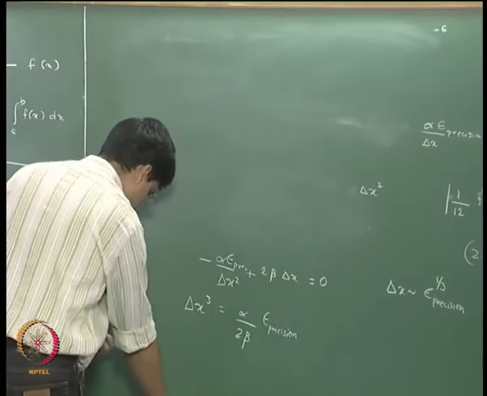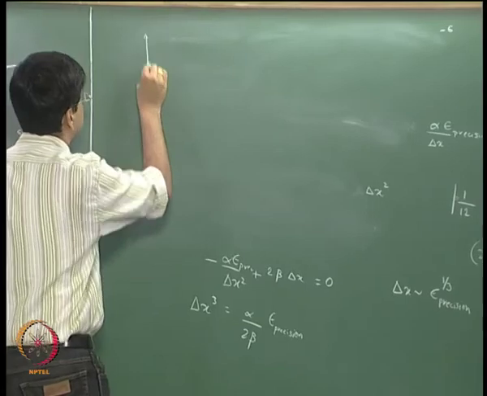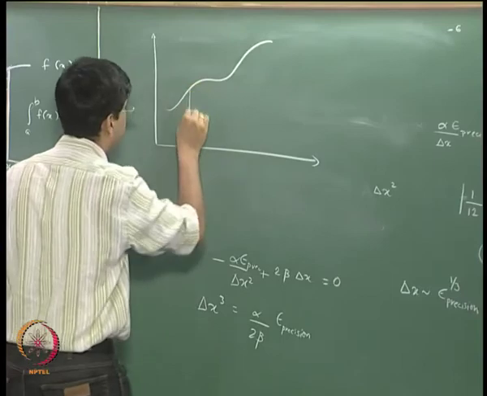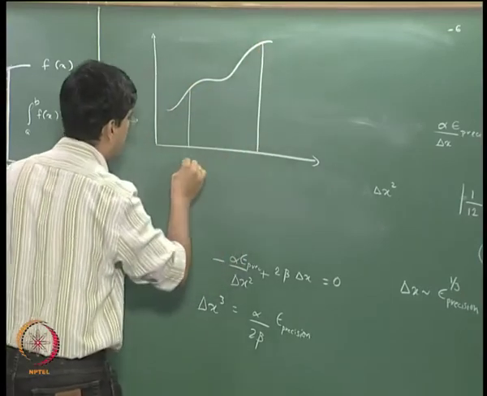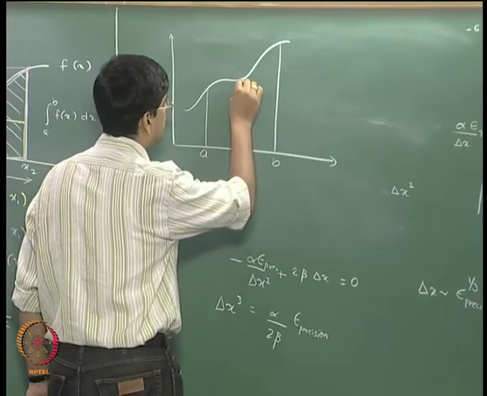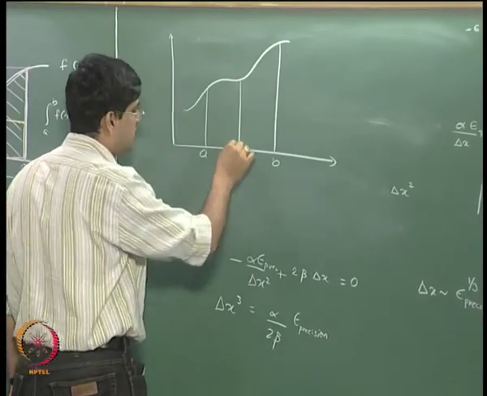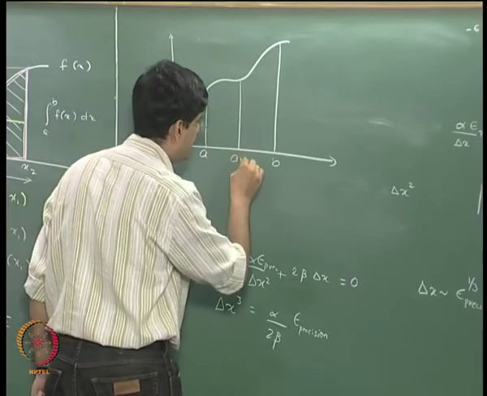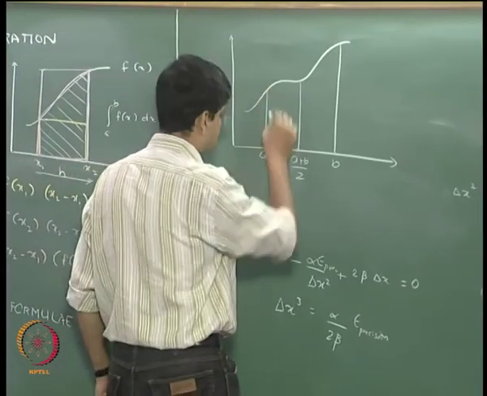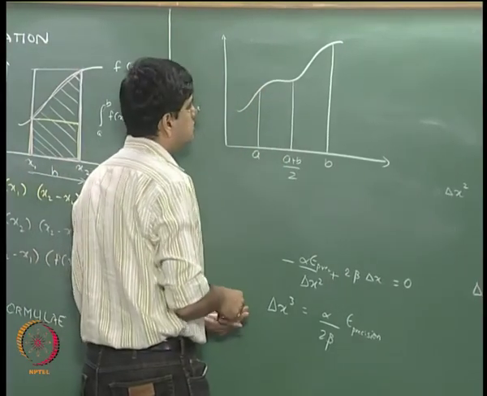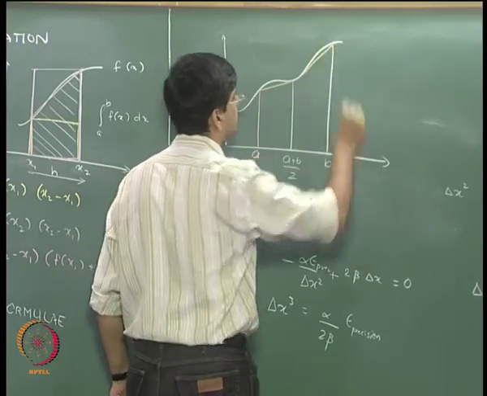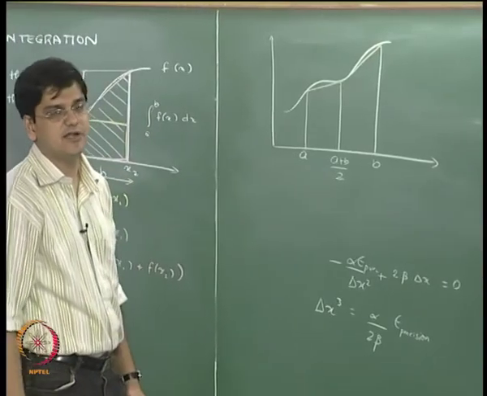Okay, and so essentially what we are going to see in the next lecture is this: let us say we have an arbitrary curve of this sort, and we want to find an integral between a to b. One possible thing is to take this particular midpoint which is (a plus b) by 2, and of course one thing we can do is construct a trapezoid between the first 2 points and another trapezoid between the next 2 points and get the area under the curve.